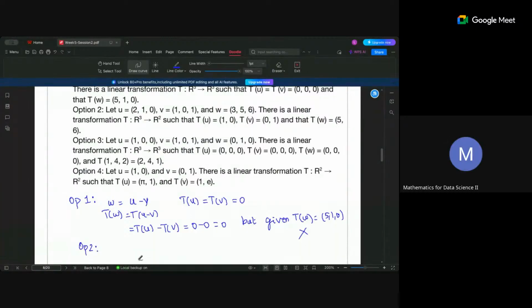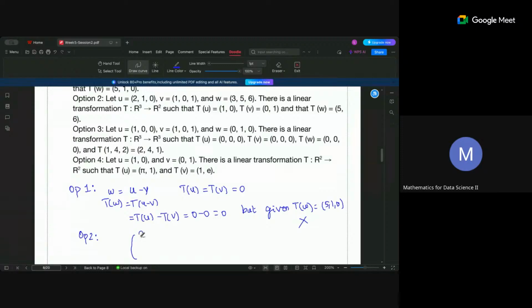You can write them row-wise or column-wise, that does not matter; the determinant will not change. So you find the determinant. You got a non-zero value? Yes, ma'am. If it is non-zero, you know that u, v, w are linearly independent.